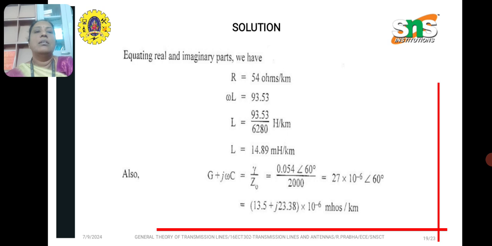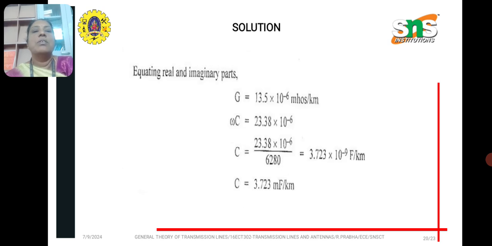And here L is obtained from the formula of ωL, and G plus jωC is obtained by using the characteristic impedance. The numerator is the propagation constant divided by the characteristic impedance, so its value is 27 into 10 power minus 6, angle 60 degrees. And by converting this we can get the G and C values.